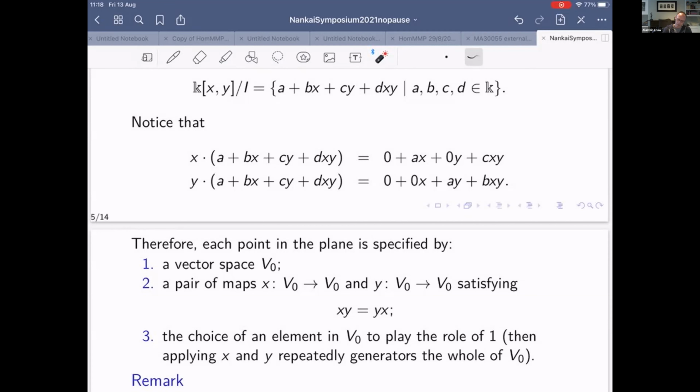Specifying that particular element 1 and letting the K[x,y] module structure act then determines the structure on the whole thing. So that's a point. All this data is the information of a point in the Hilbert scheme of n points, at least if this vector space V0 has dimension n.